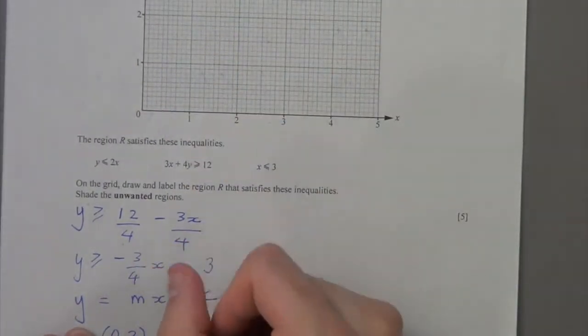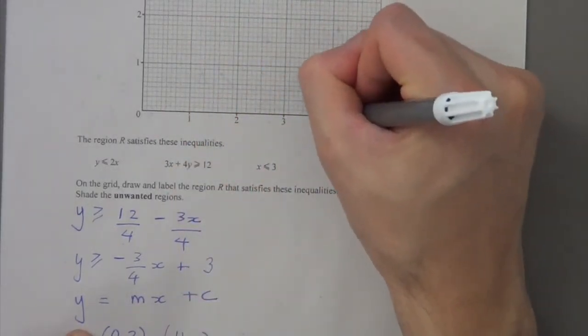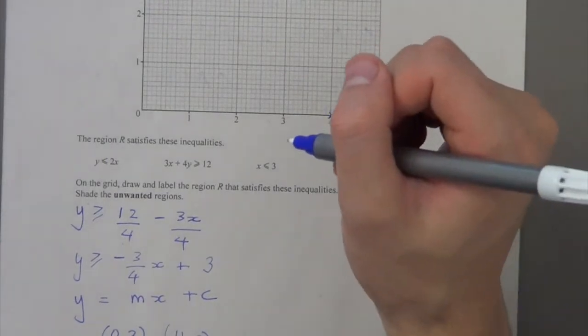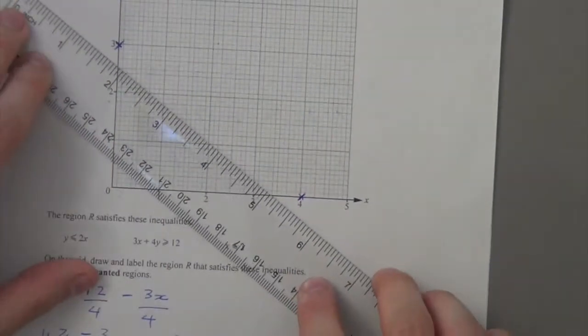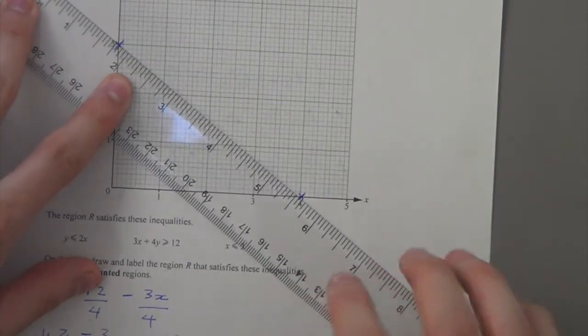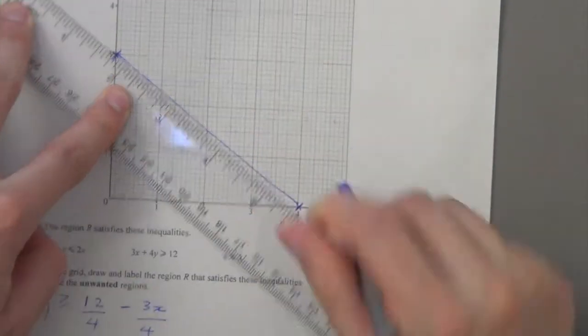So my next coordinate is going to be 4, 0, which is going to be here. So if I just join these 2 dots together, it's a straight line, like that.